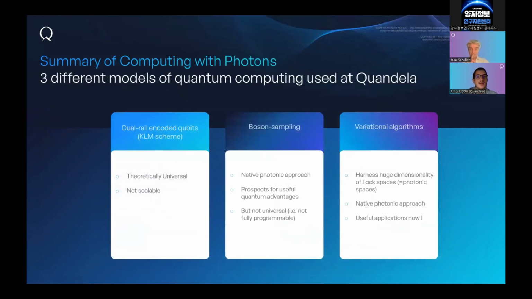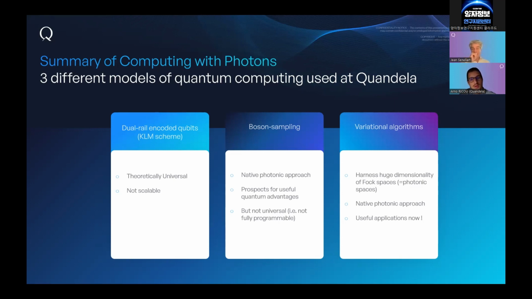As a quick summary to wrap up, there are three different models to do quantum computing using our technology. You either use the encoding scheme, which is theoretically universal but not really scalable, so you can do some stuff, but it will remain on small instances. You can do boson sampling, which is native photonic, so that's much better.